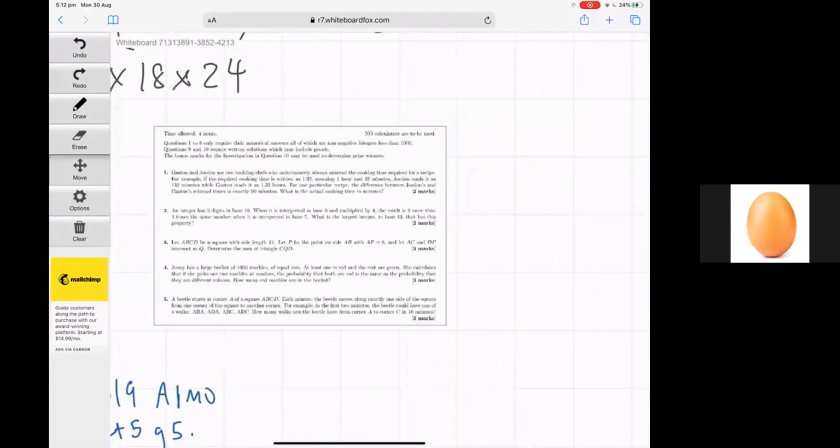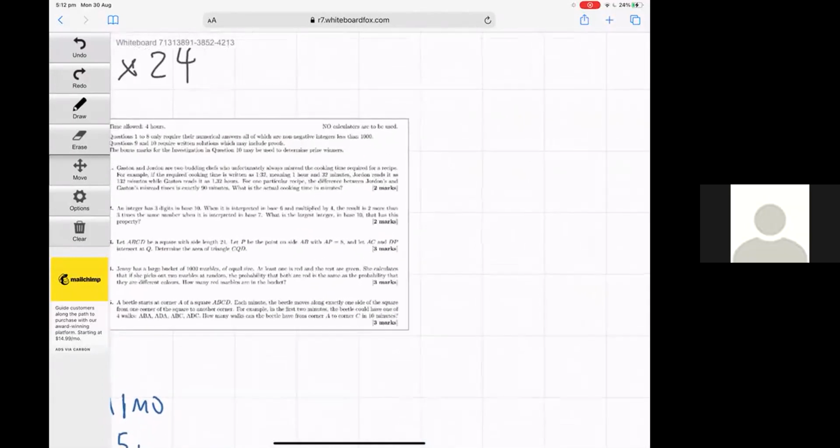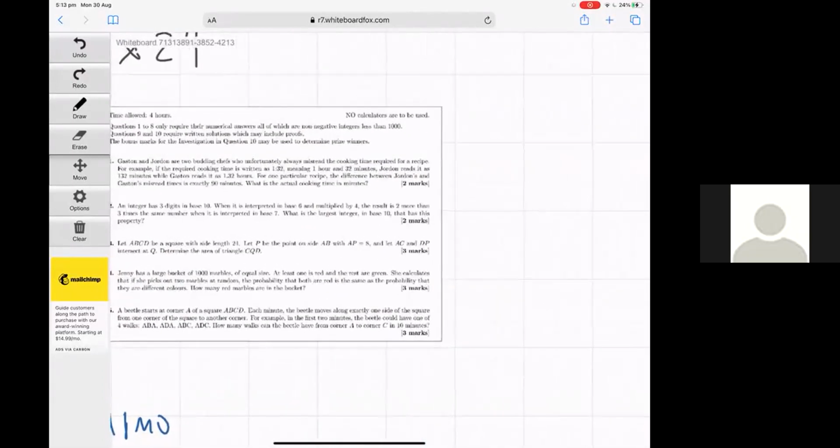Yes. Okay, good. So question 4, it's this probability question. Jamie has a large bucket of 1,000 marbles of equal size. I guess equal size just means that, in terms of this question, what's important is that the probability of selecting any one of those should be the same.